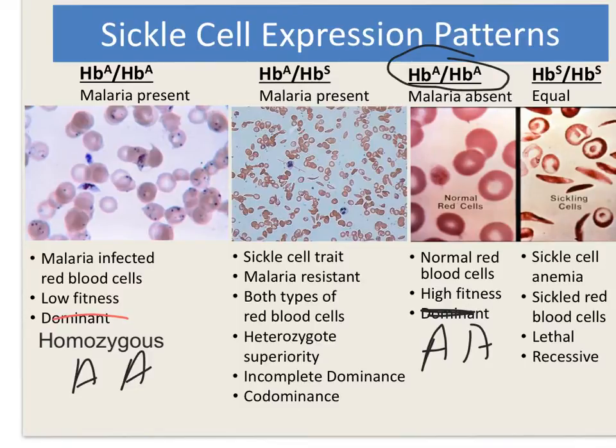Now, if you have HBS, you have sickle cell anemia, you have sickled red blood cells, it's lethal, but you need both copies of S for this to happen. So you can see what it looks like. These blood cells, it's called anemia because they don't carry oxygen very well.